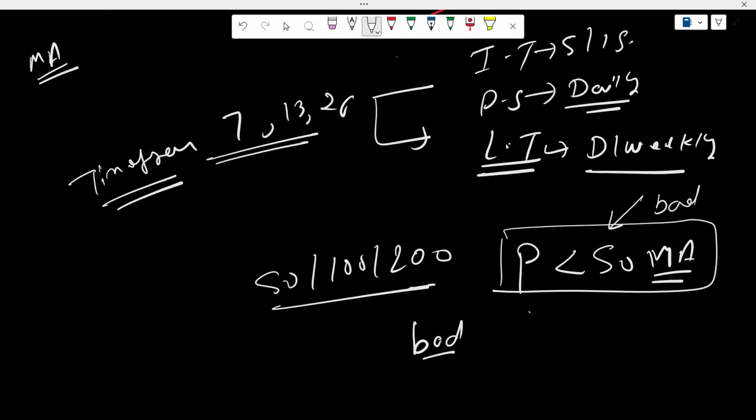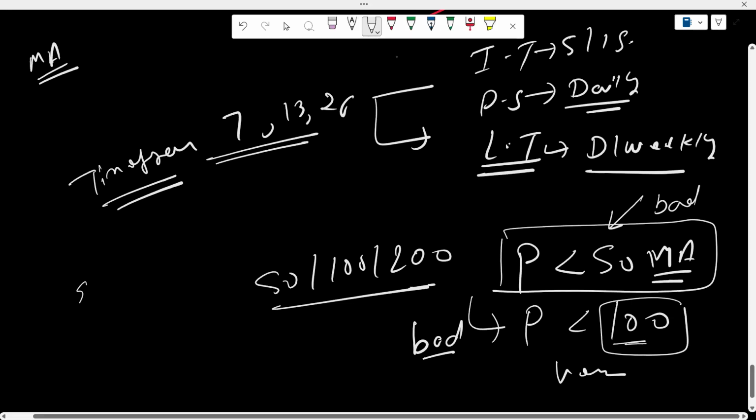Generally when your price is crossing the 100 days moving average, 100 days means roughly 5 months. So your market is coming below the last 5 months of data, so it is very bad.